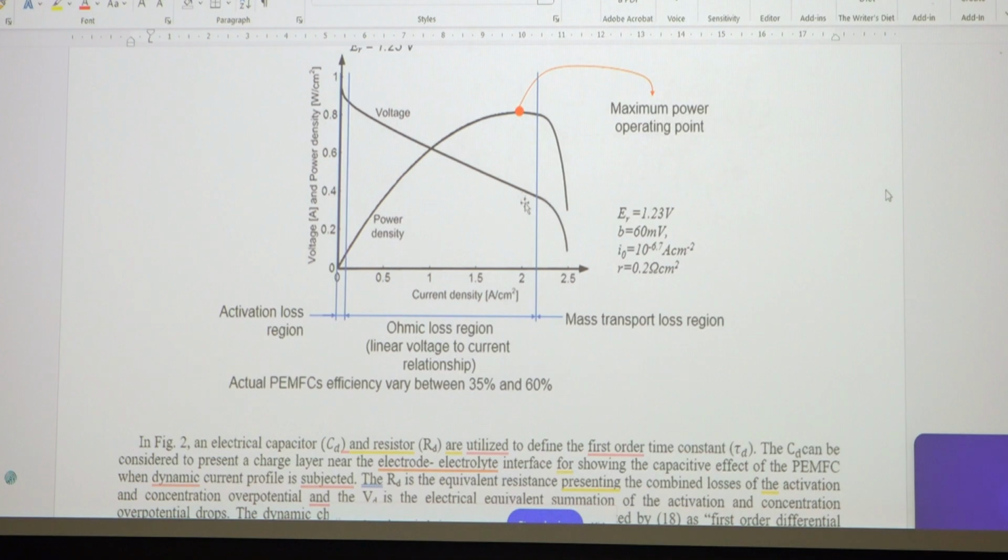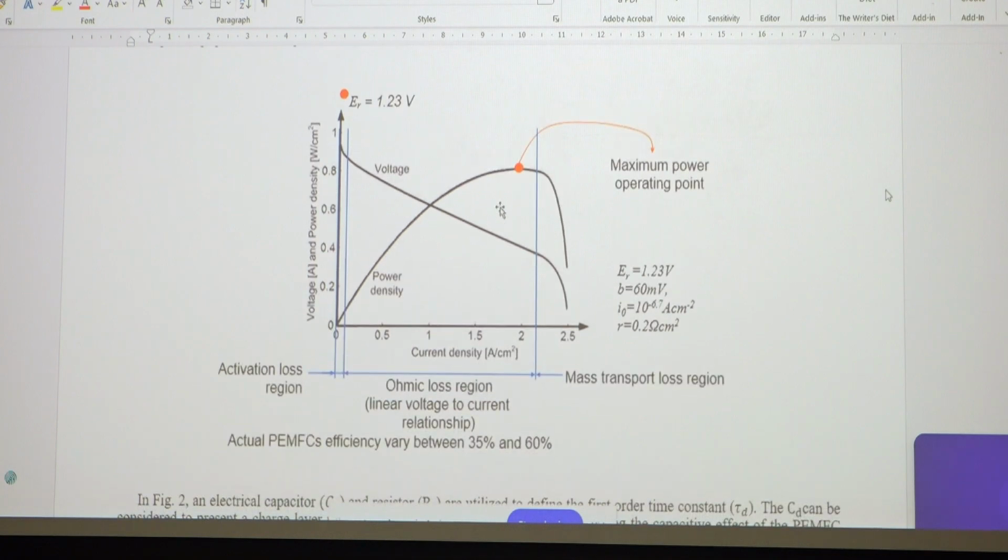And from this curve we can say there is another region after this vertical line. This is a high current density region, and in this region there is another voltage drop. This is the mass transport overpotential drop or concentration drop. This is also non-linear because of its mathematical nature.